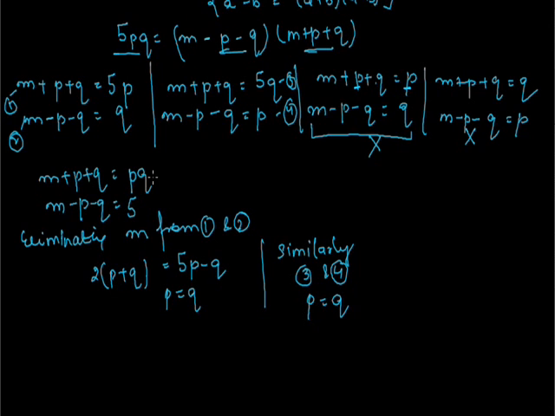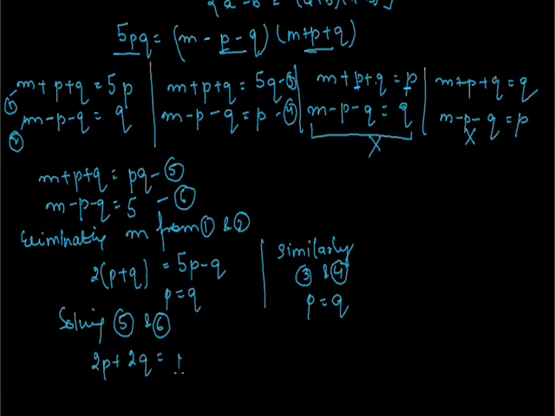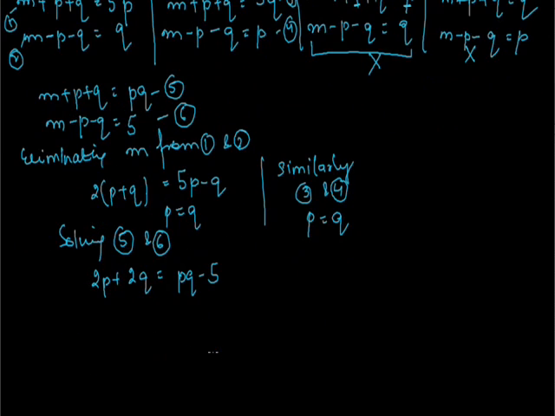Now fifth case we'll be considering, that is this is 5th and this is 6. Solving 5 and 6, I'll be getting 2P plus 2Q is equal to PQ minus 5. I have eliminated m and this is the case we have arrived at.